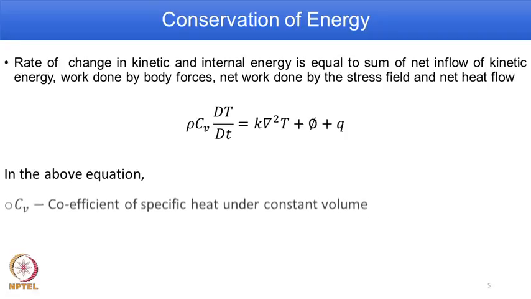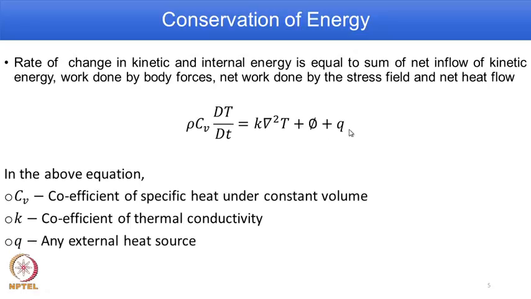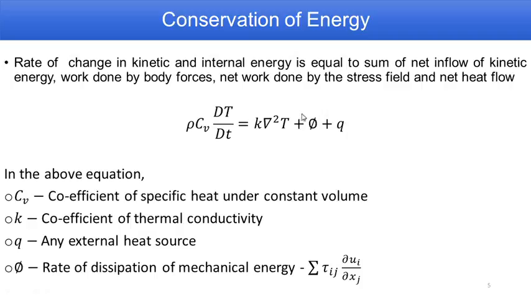In this equation Cv is the coefficient of specific heat at constant volume, K is the coefficient of thermal conductivity, Q is any external heat source, and phi is the rate of dissipation of mechanical energy, which is given by this expression.